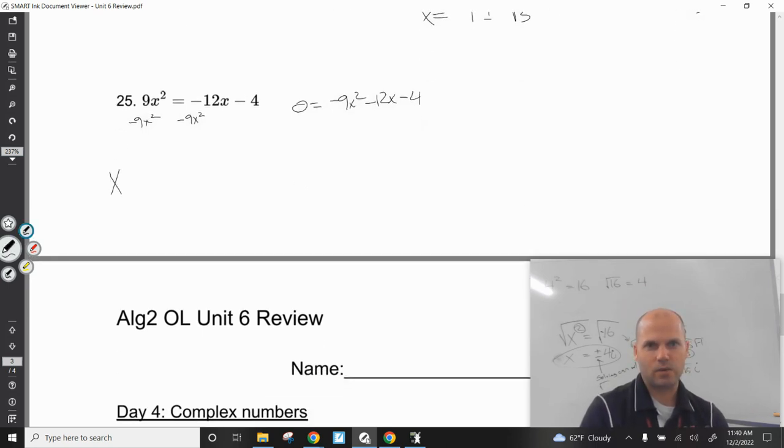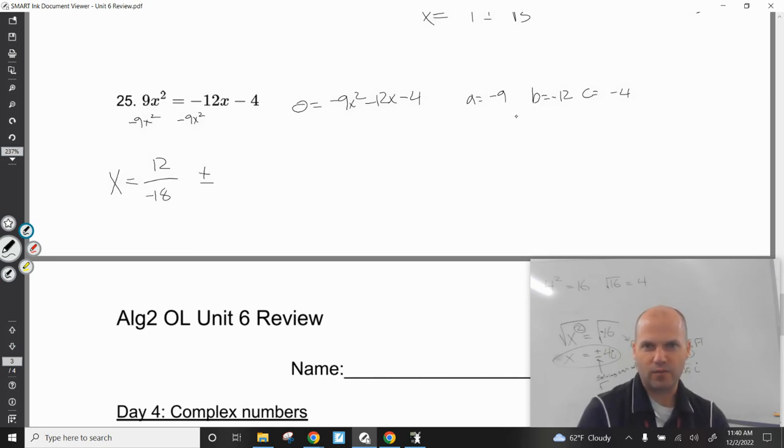Okay, x equals, let's go. A is -9, B is -12, C is -4. Let's work on opposite of B over 2 times A. What's 2 times A? 2 times -9 is -18. Just leave that.